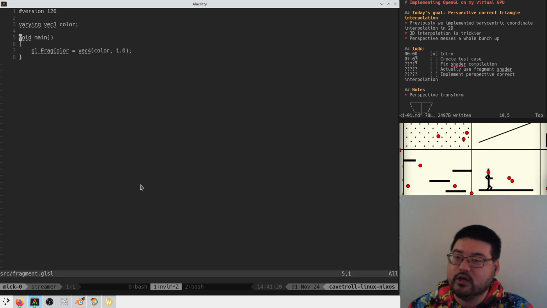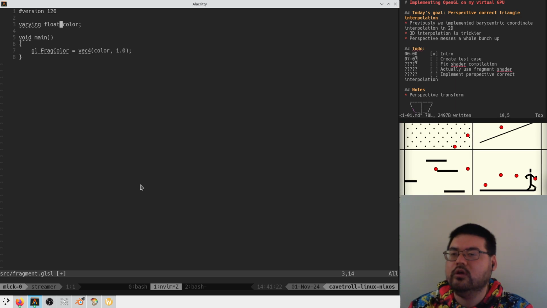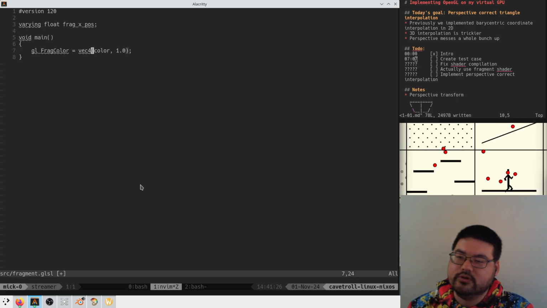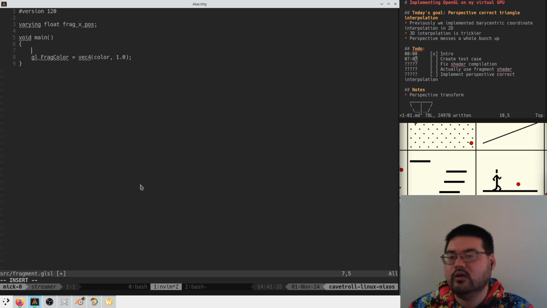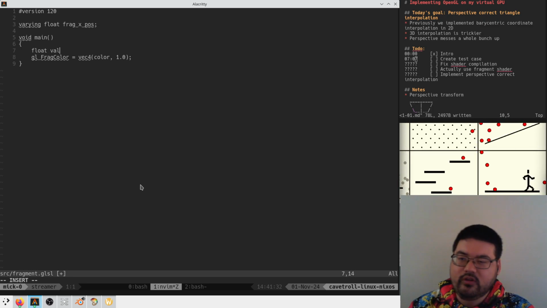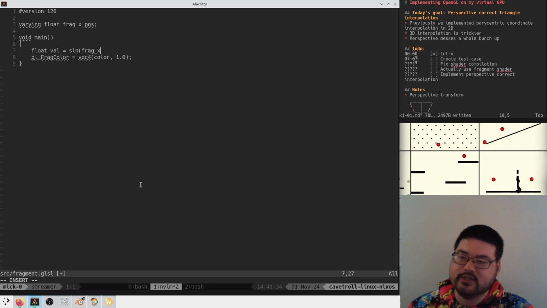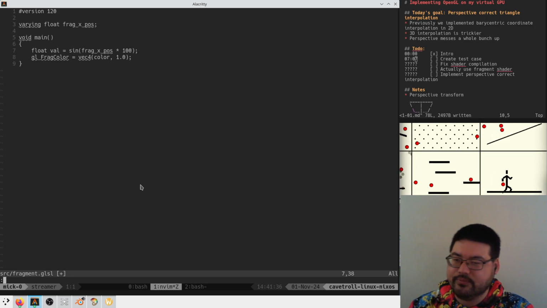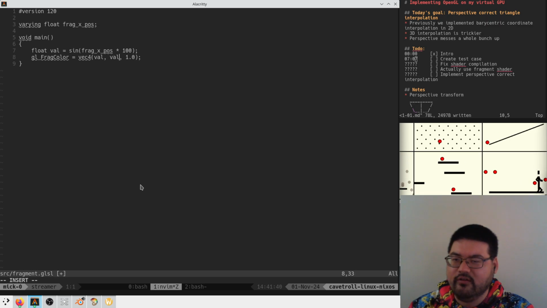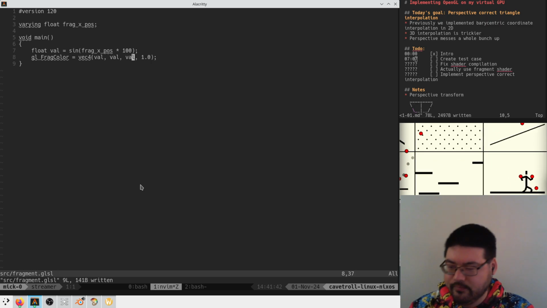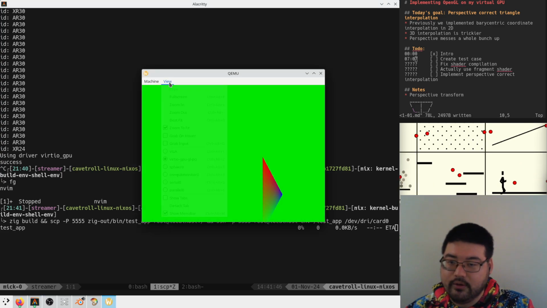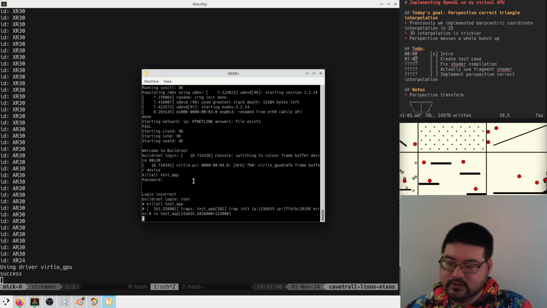And then in our fragment shader, we have a frag x pause, and we want to do something where we have float val equal to sine of frag x pause maybe times 100 or something. I don't know, we'll figure it out. And the color is going to be val, 1.0. I'm not 100% sure this is right, but we can play with it until it works.